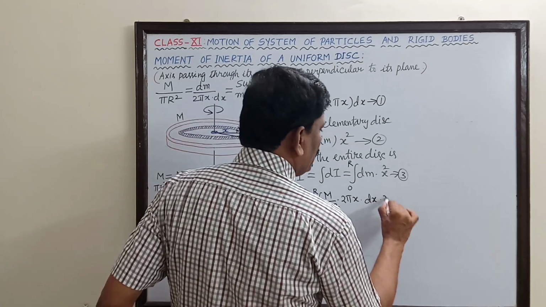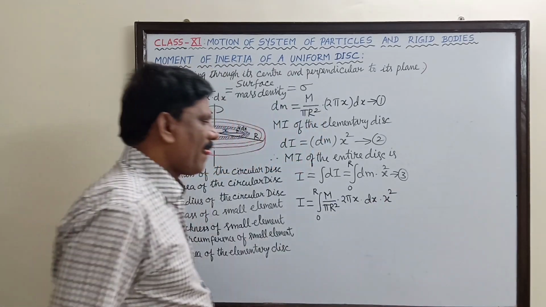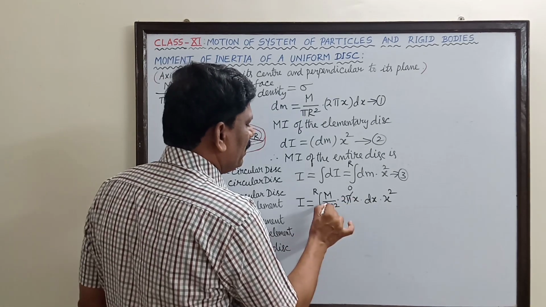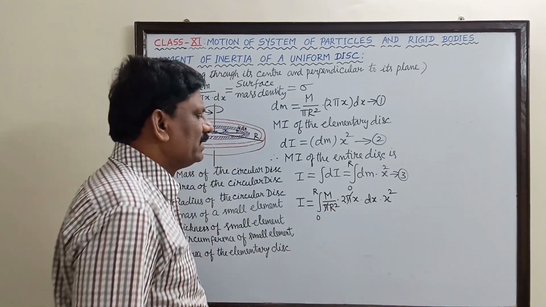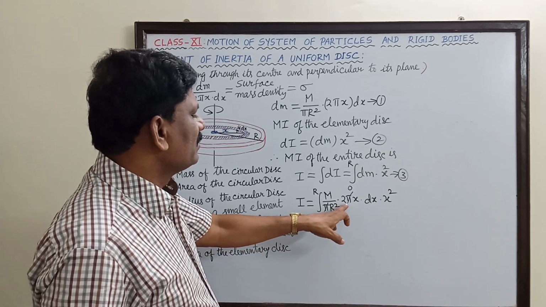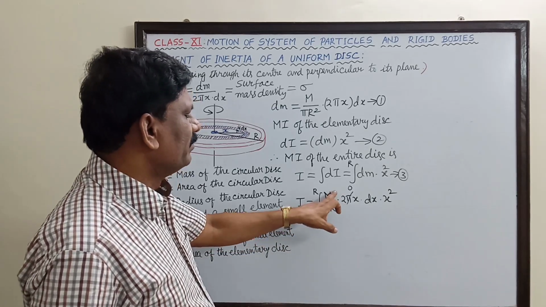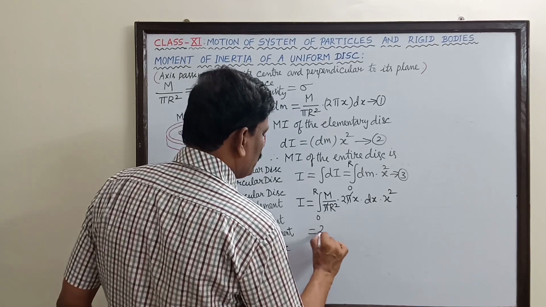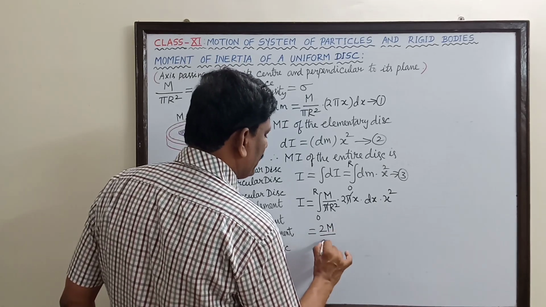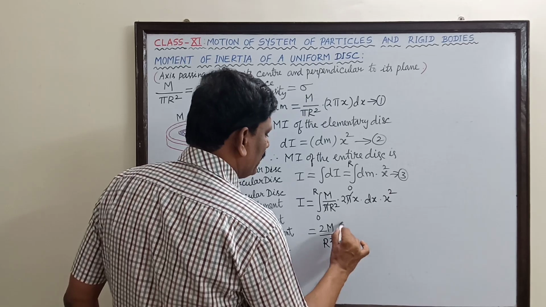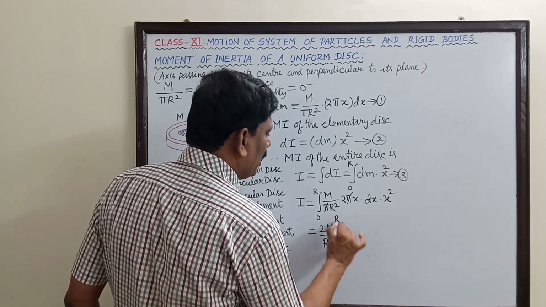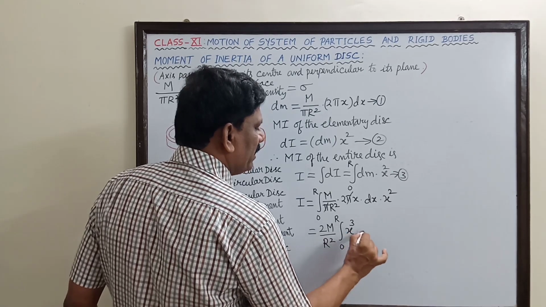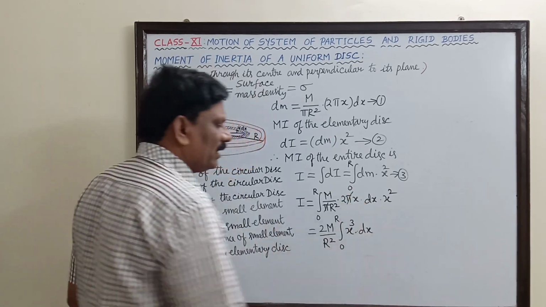So into x square. Now this pi term will be cancelled. So what are the remaining terms? 2M by R square. So this is now equal to 2M divided by R square into the integral from 0 to R of x into x square, which is x cube dx.